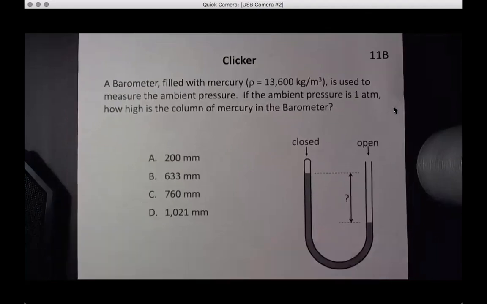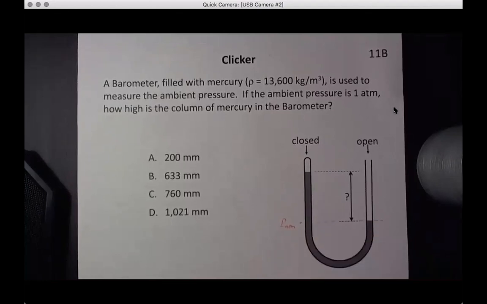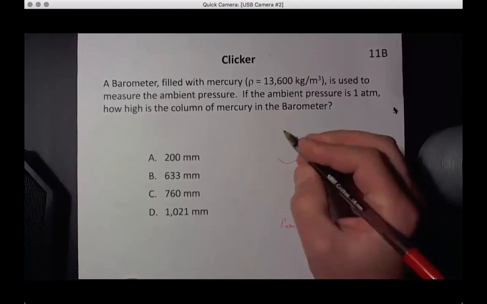Now we look at a barometer, and a barometer is filled with mercury and used to measure the ambient pressure. The ambient pressure is 1 atmosphere. What is the height of the column of mercury? Right, and so we use the same thing as across this whole line is P atmosphere, and the pressure in here is vacuum.